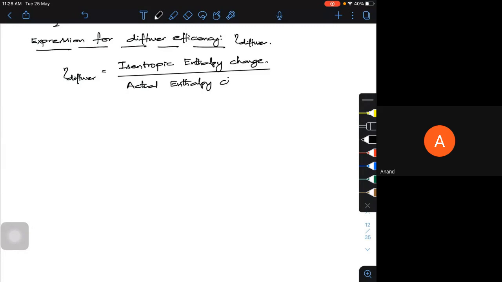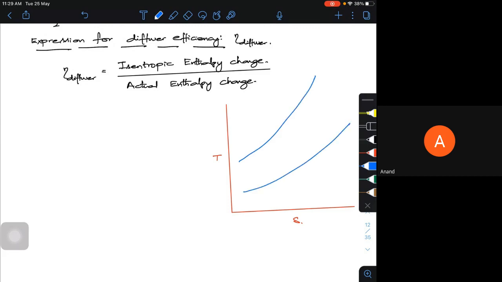What is your isentropic enthalpy change? Let me write the TS diagram. This is my TS diagram, and I do have the pressures which are diverging, and this is an expansion device. If I call this 1 and this 2, the actual one will go in this direction because there is a corresponding increase in the enthalpy.